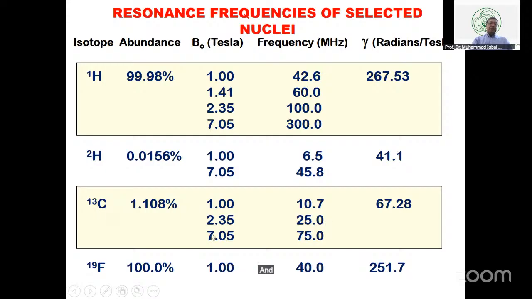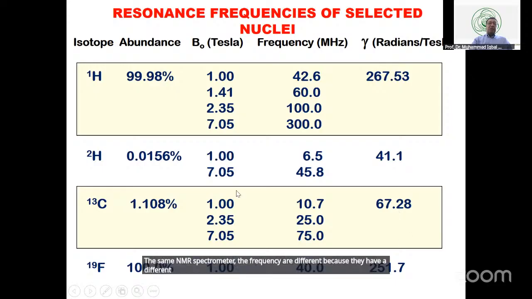And for a 7.05 Tesla machine, it is 75 megahertz. So see, even with the same NMR spectrometer, the frequencies are different because they have a different gyromagnetic ratio.